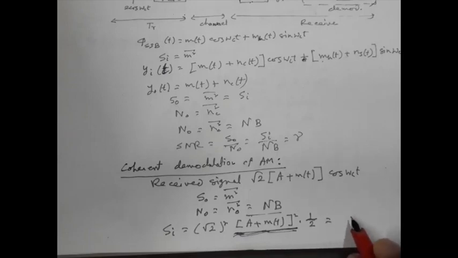So that is equal to (A + m(t)) squared bar.